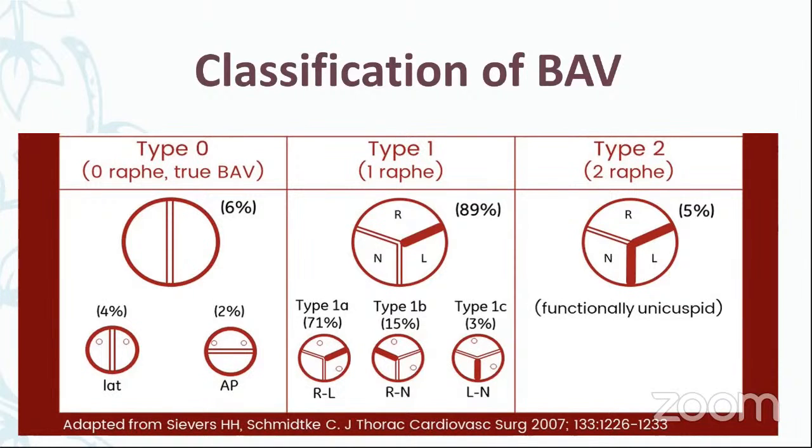So the genetic coding that coded for the presence of bicuspid valve in a certain patient can predispose a first degree relative to ascending aortic aneurysm without bicuspid aortic valve.